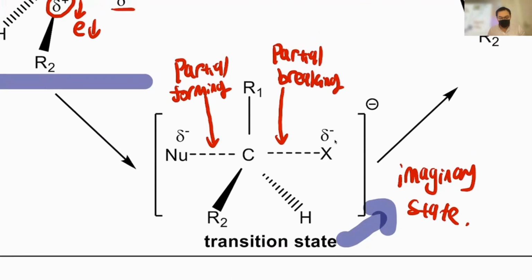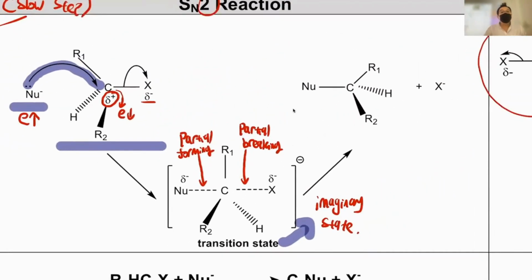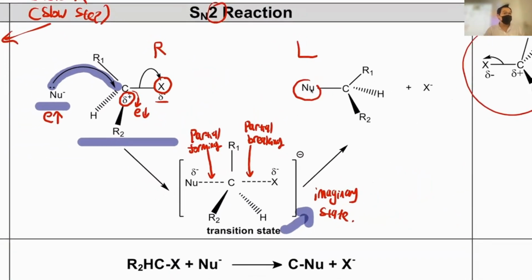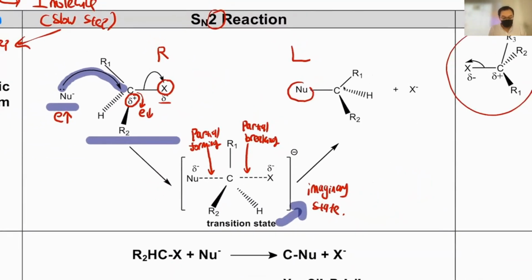The minute it leaves, therefore the nucleophile is substituted. Now, I want you to pay attention to the very small difference here. The X initially is on the right. The nucleophile is on the left right now. This is a very big deal in organic chemistry because you change from the right direction to the left direction. It's as good as after you finish running a 400-meter relay race, you change from right-hander to left-hander. You think it's a big deal? Of course, it's a big deal.